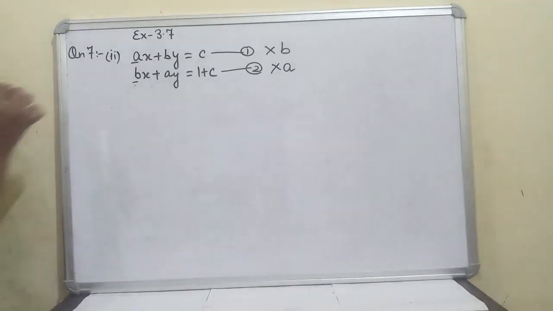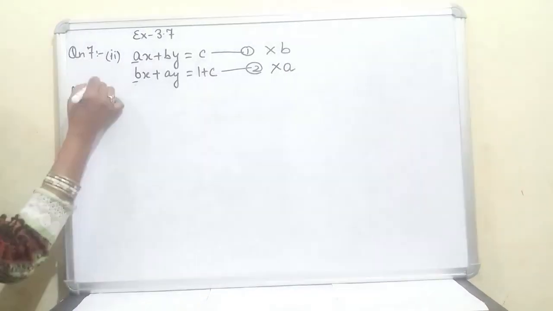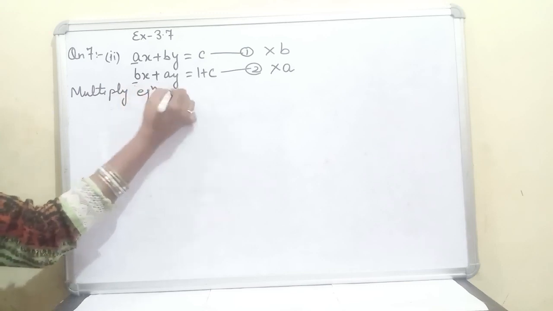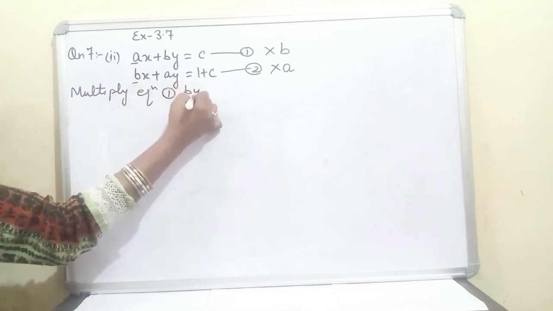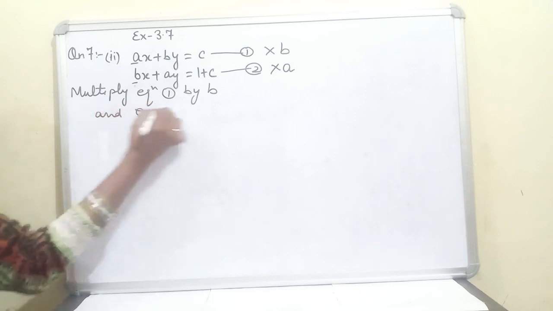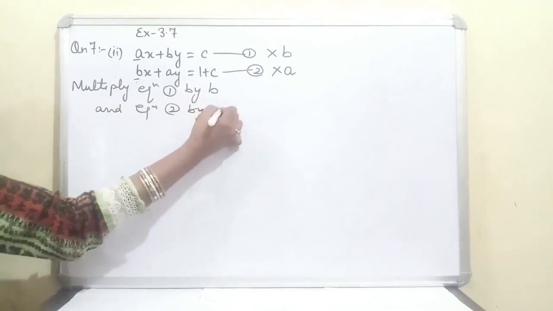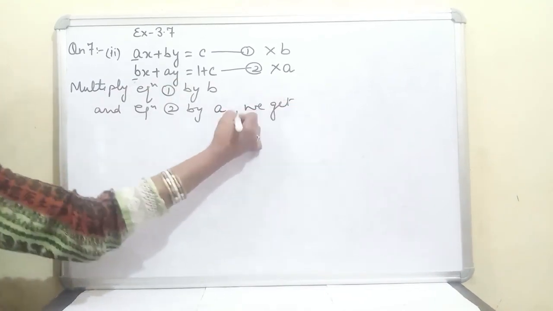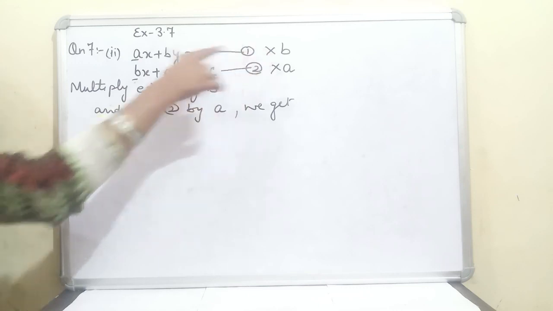Right? So after multiplying equation 1 by b and equation 2 by a, can you tell me what we get if I multiply the whole equation with b?